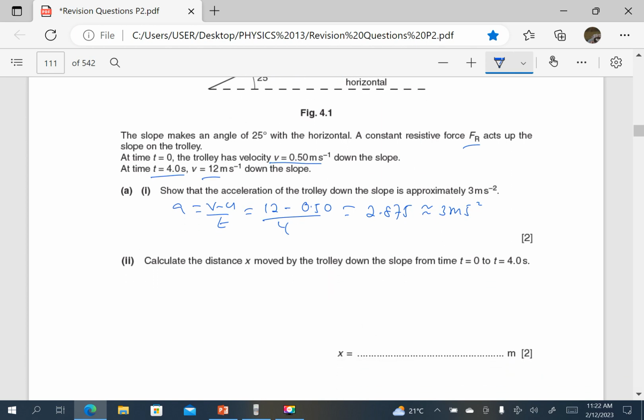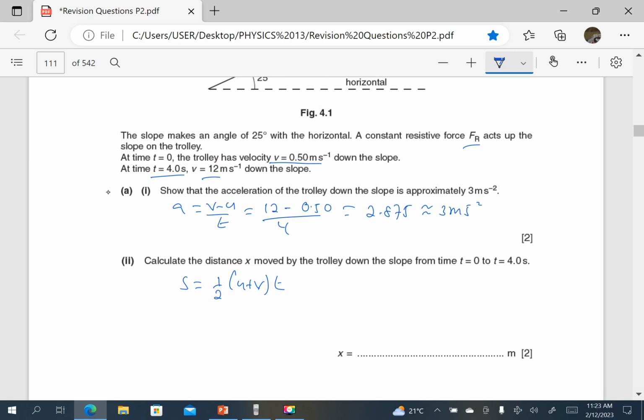Then calculate the distance x moved by the trolley down the slope between that time. So distance x, I may use one of the equations, such as s is equal to a half into u plus v times t, average velocity times time, because the velocity is increasing.